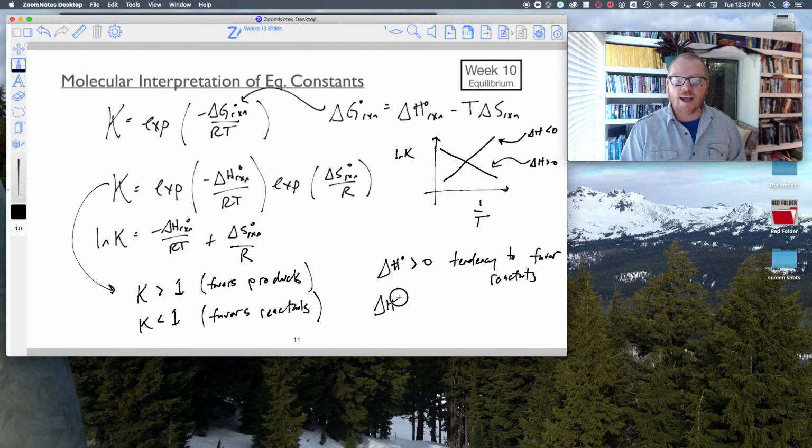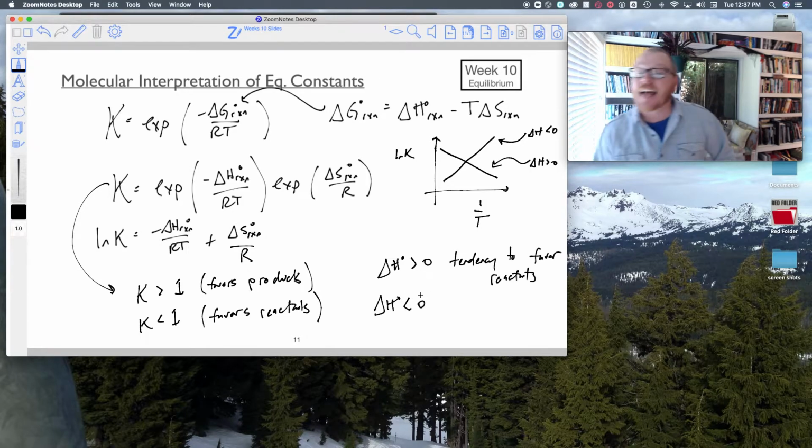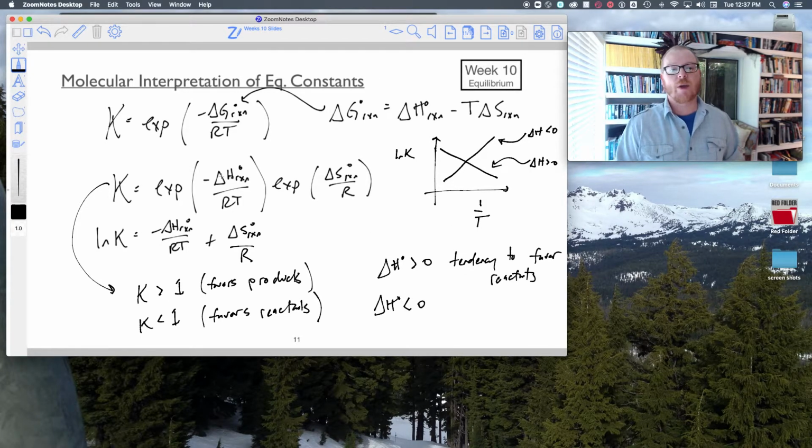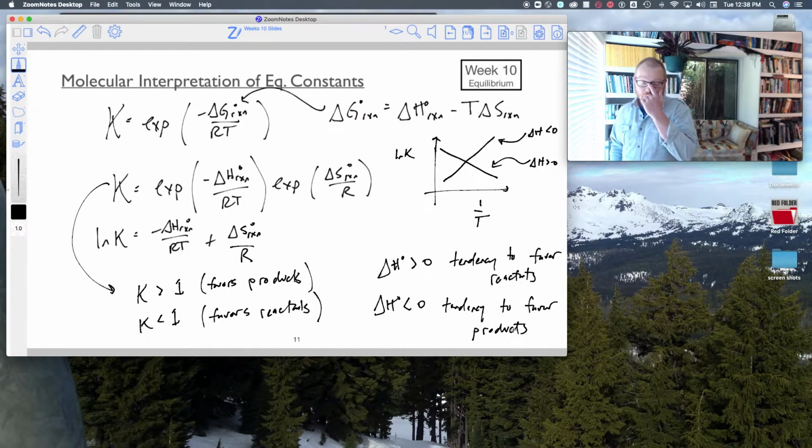Similarly, if the delta H is less than 0, so we have a negative times a negative, which gives me a positive, and the exponential of a positive number gives me a number that's greater than 1. So with exothermic reactions, there's a tendency to favor products. Now, of course, we have to consider what's going on with delta S, right?